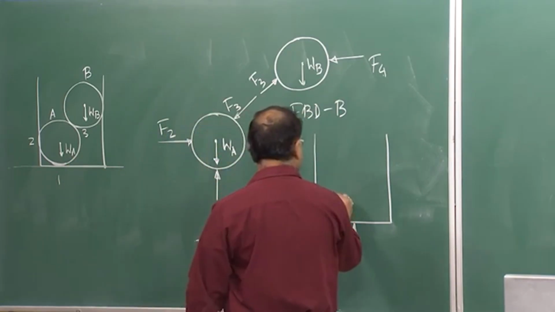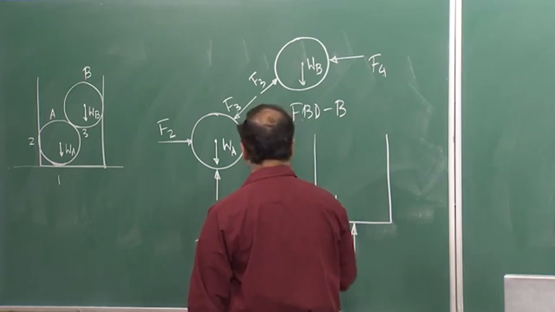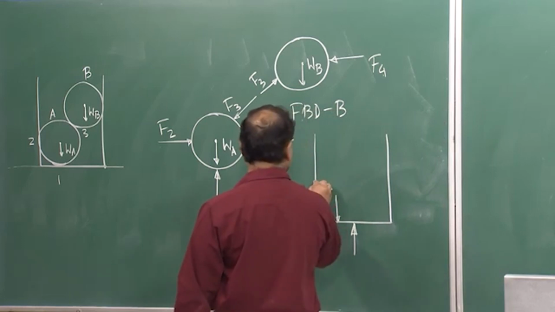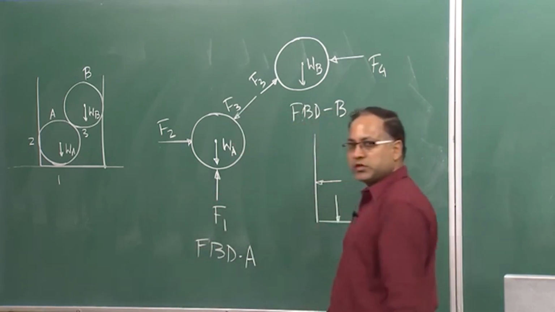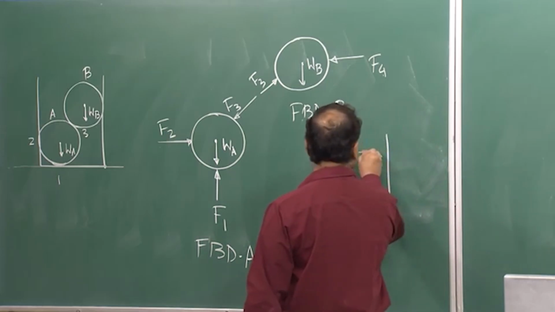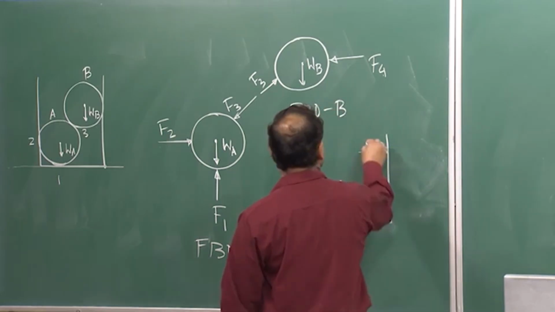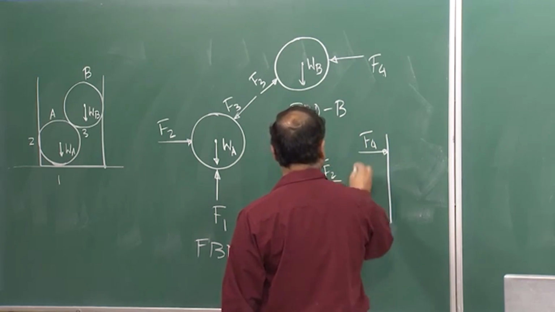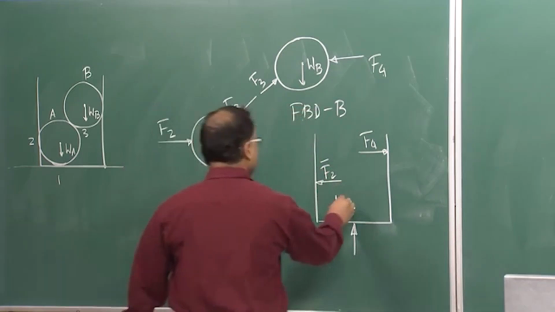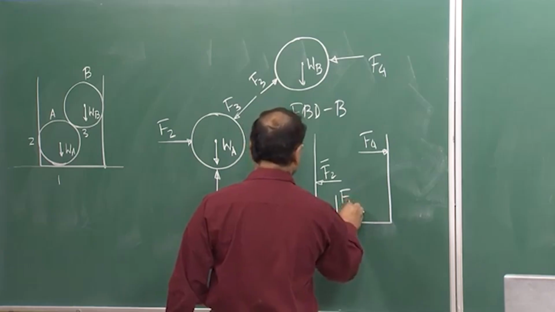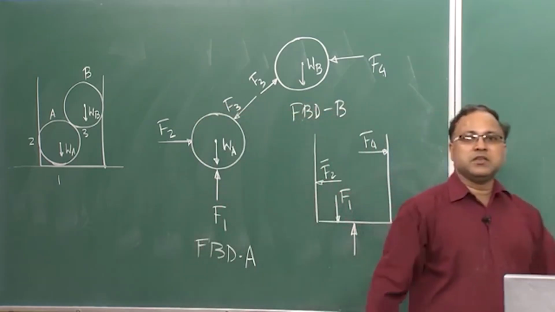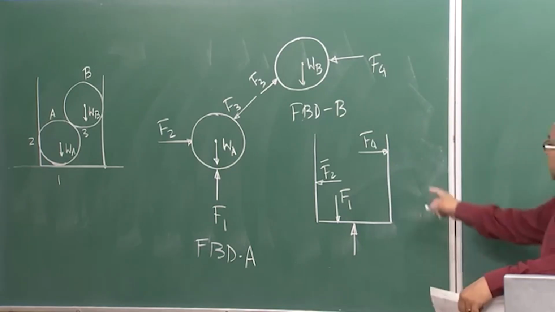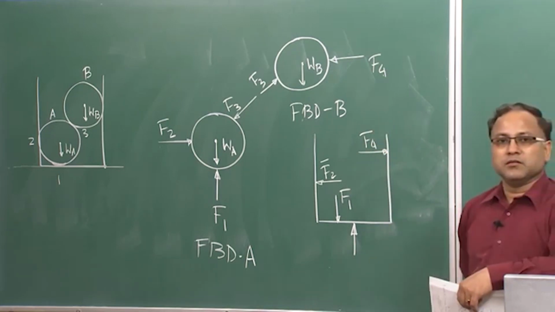So, therefore, I will have one force here at this contact point between ball A and container. Similarly, at this contact point I will get one force, and at this contact point I will get one force, which will be equal to F4, F2 and F1. So, this is your free body diagram of the container. Am I missing anything? No. So, this is the free body diagram of the container.